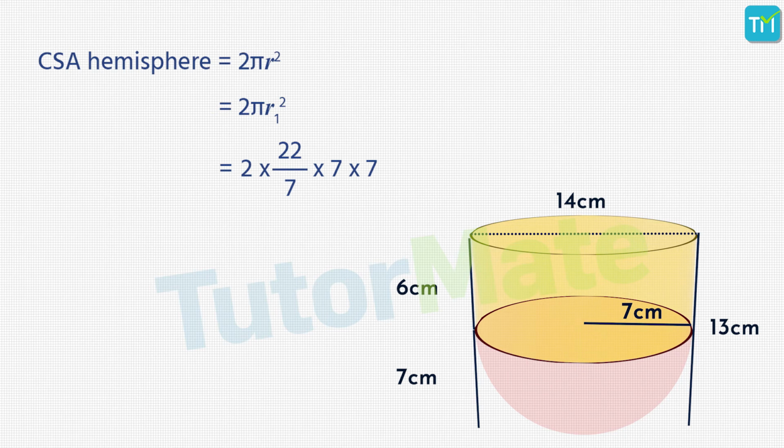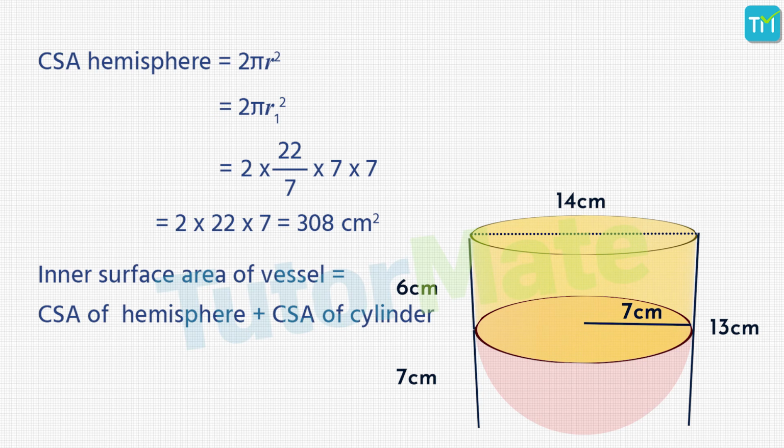After cancelling out 7, we get the CSA as 2 into 22 into 7, which is equal to 308 square centimeters. So the inner surface area of the vessel is basically the sum of the CSA of the hemisphere and the CSA of the cylinder. This is equal to 308 plus 264, which is 572 square centimeters.